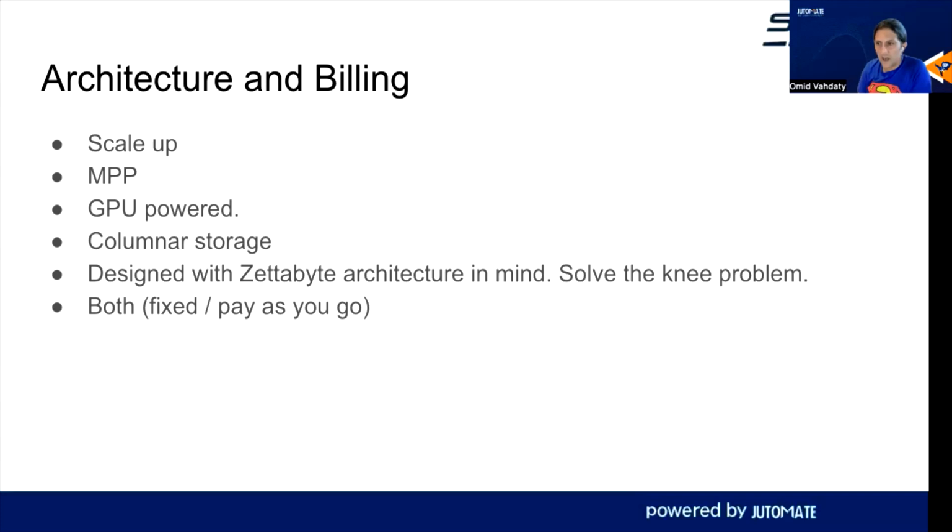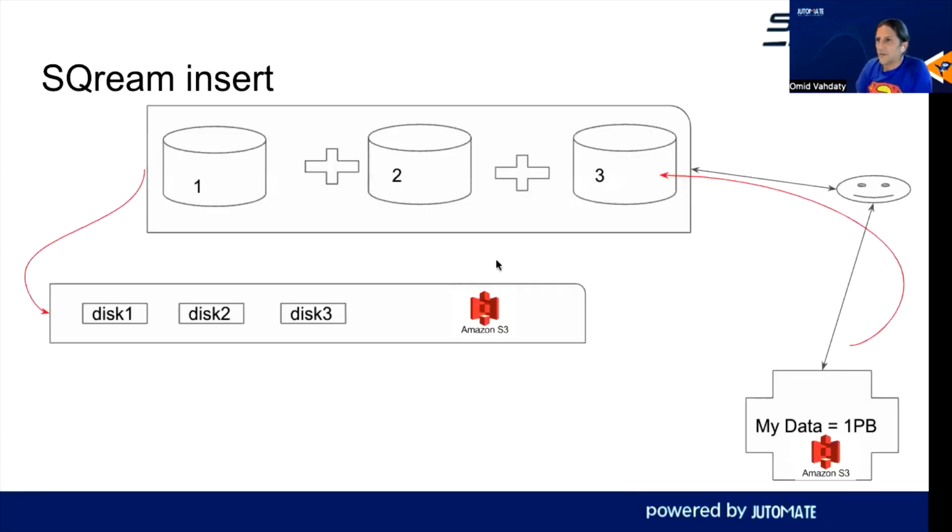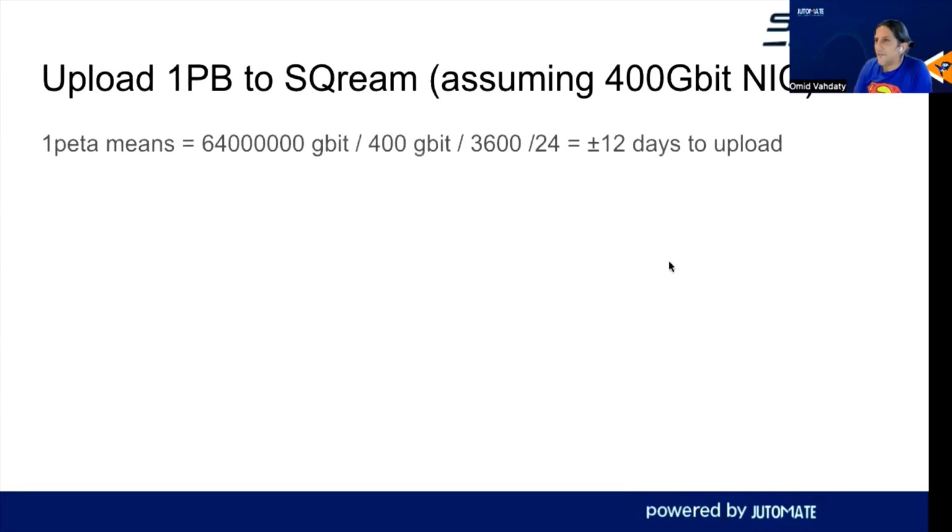In terms of billing, they have several plans, both fixed and pay as you go, depending on your use case. In terms of insert, they can do both, meaning they can work externally and internally, like any other solution. In terms of uploading 1 petabyte, SQream is a major difference compared to the competition because it's a scale-up solution.